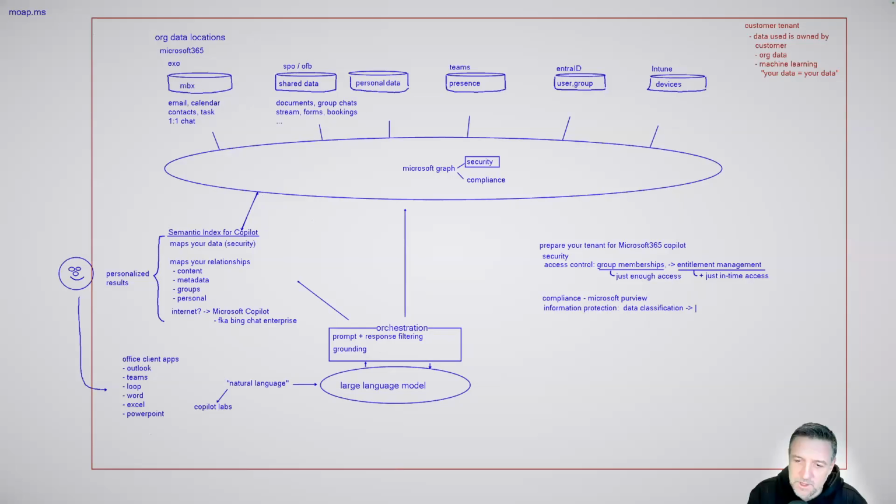So you can set up some document labeling, and as part of the labeling, we can encrypt the content of a document, and we can manage the access for that document.